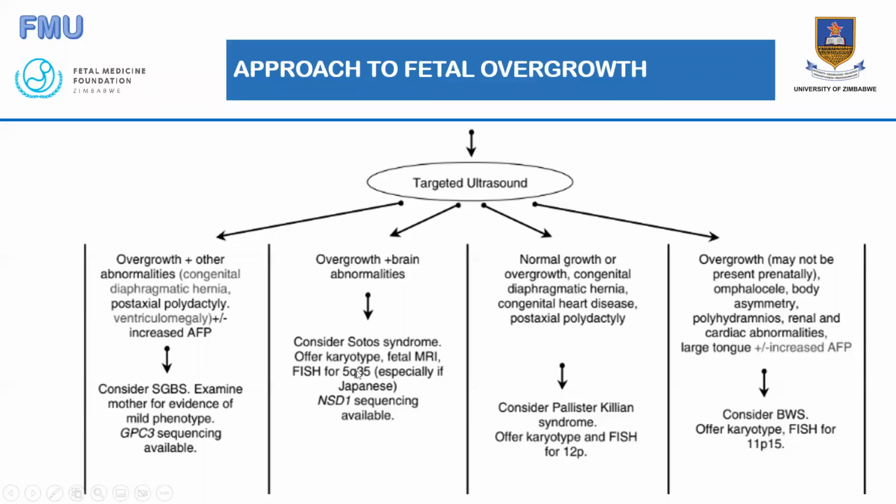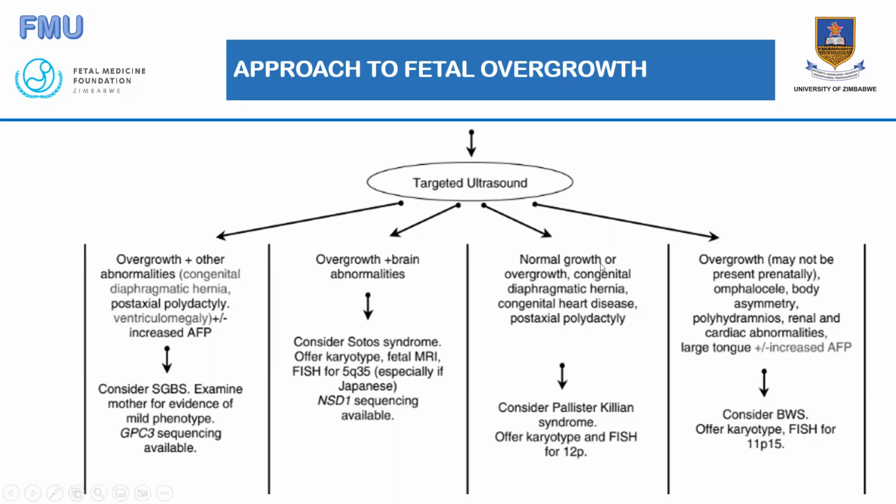This is the long arm of chromosome 5, region 3, subregion 5. So this is what we target, 5q35, especially if the patient is Japanese. Then NSD1 sequencing is also available to diagnose this syndrome.